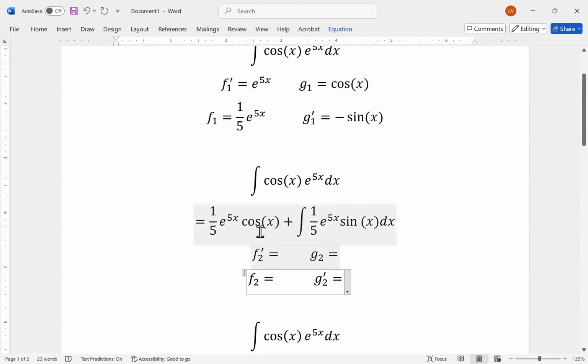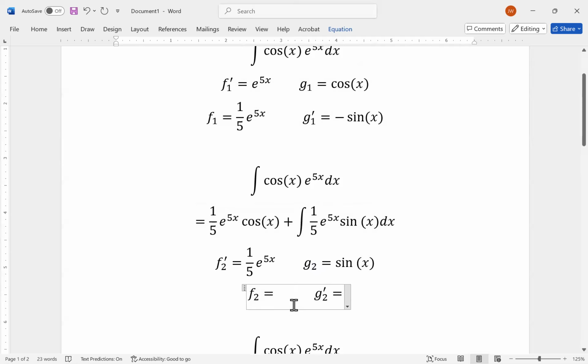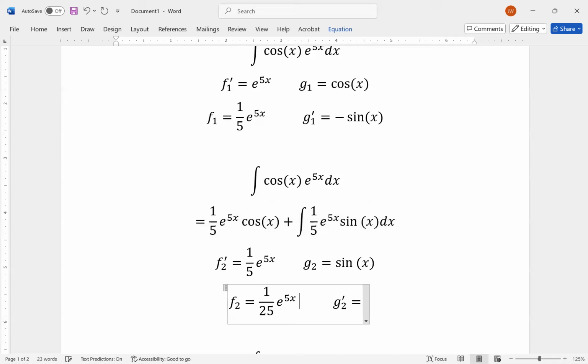The exponential is my f prime, so 1 over 5 e to the 5x is my f prime, and then my trig function will be my g. We'll get 1 over 25 e to the 5x as my f, and the g prime will be cosine.